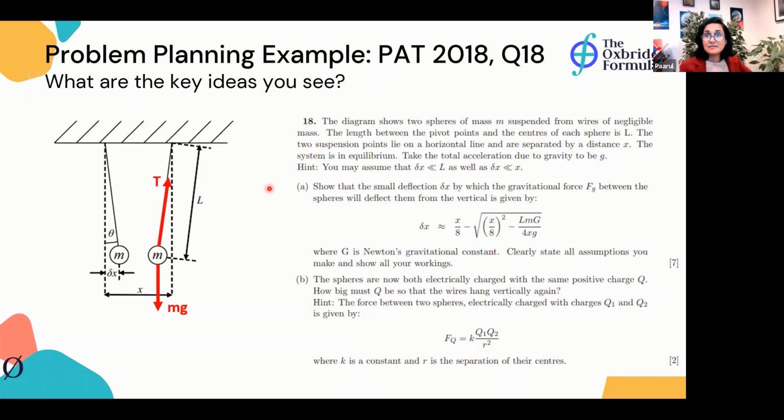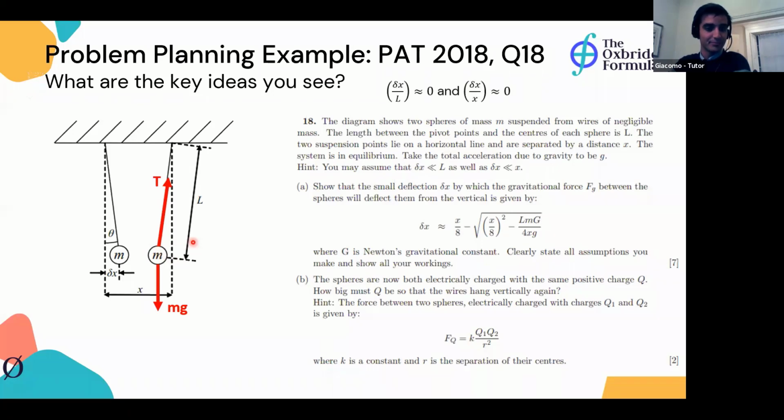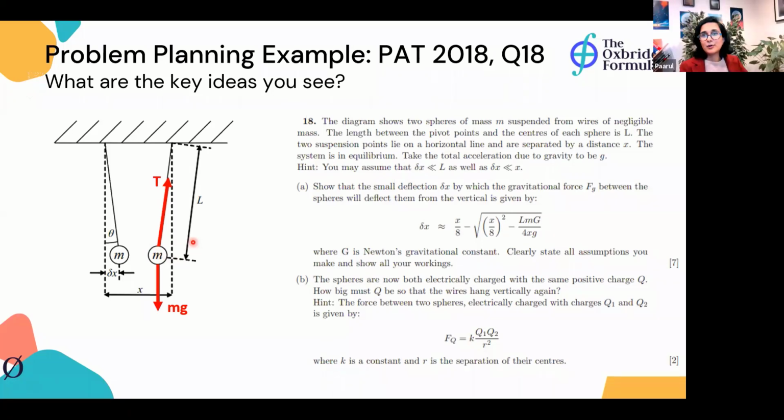And that'll be counteracted by a tension force in the wire, which will act in the direction of the wire. So interestingly here, they're displaced horizontally by this little delta x. So there must be some sort of horizontal force here, which will be equal to the horizontal component of tension. But we haven't yet worked out what that is. I think we need to read on. Yeah. Okay, cool.